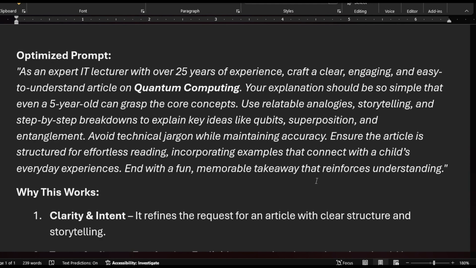Use relatable analogies, then storytelling, and step-by-step breakdowns to explain key ideas like qubits, superposition, and entanglement.